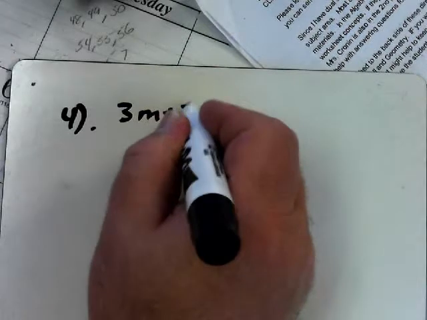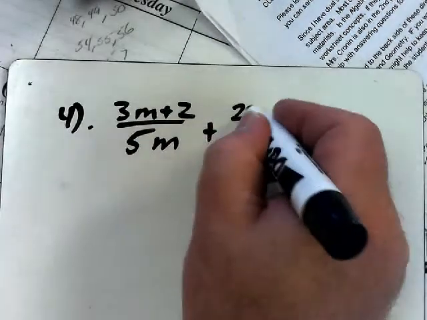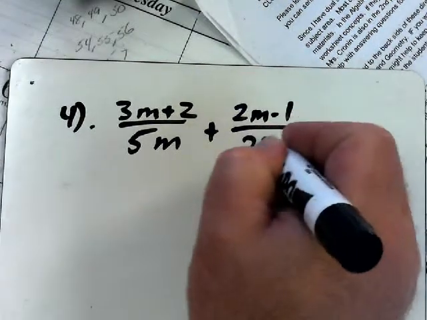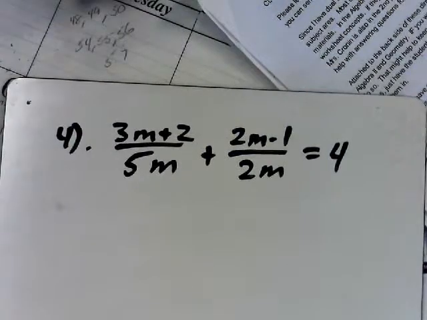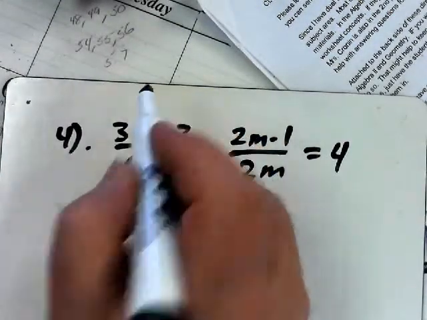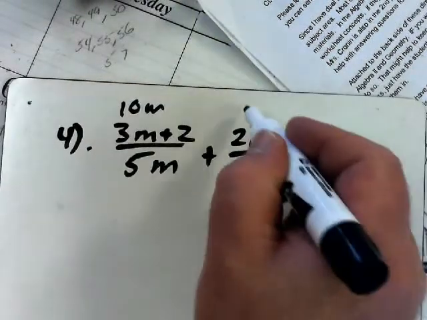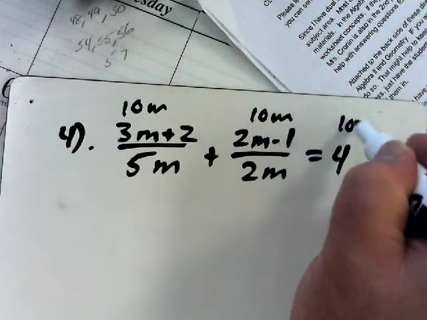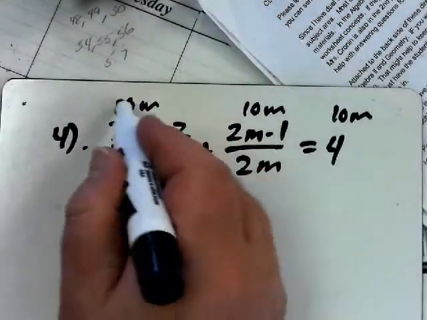3m plus 2 over 5m plus 2m minus 1 over 2m equals 4. What's common denominator? I'd say 10m. 5m goes into 10m twice.